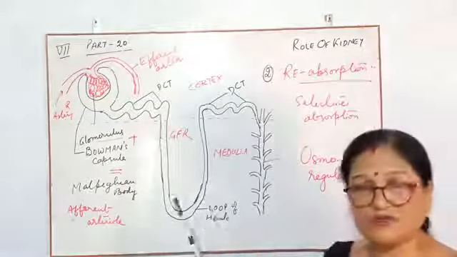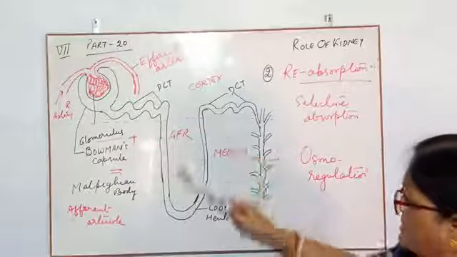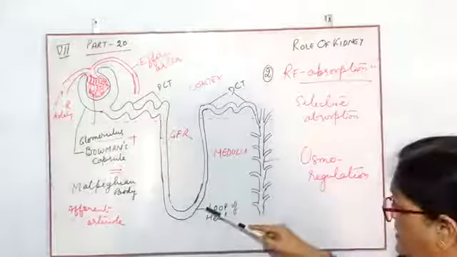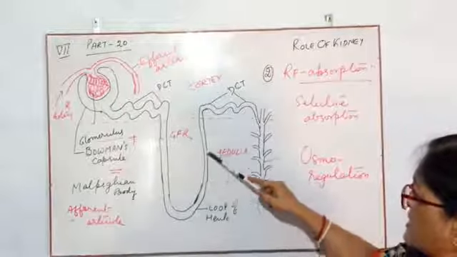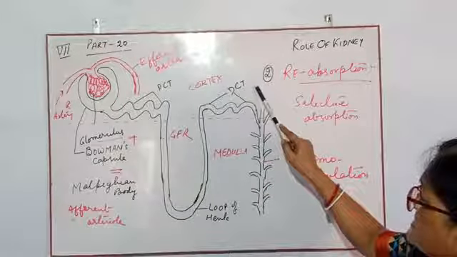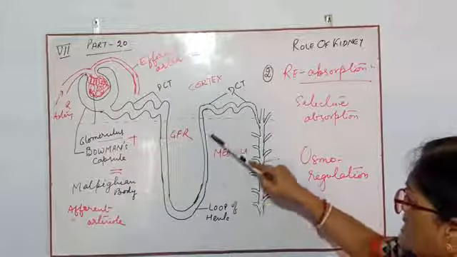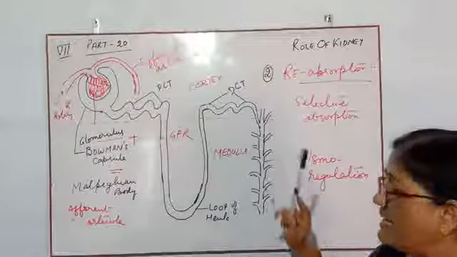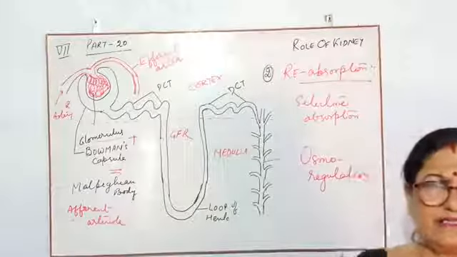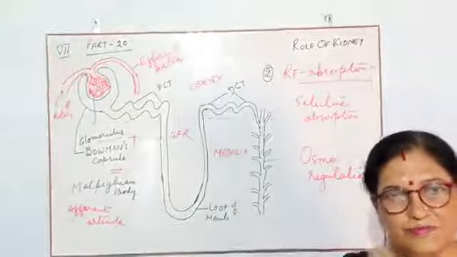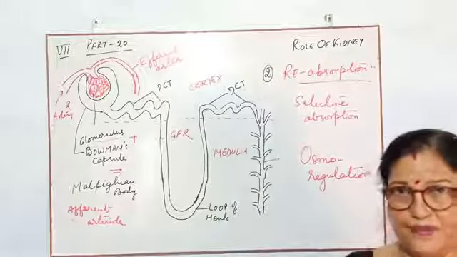This is the ascending limb and this is the descending limb. When the filtrate moves towards the DCT through the ascending limb, if it is necessary, then only water can be absorbed, otherwise not.